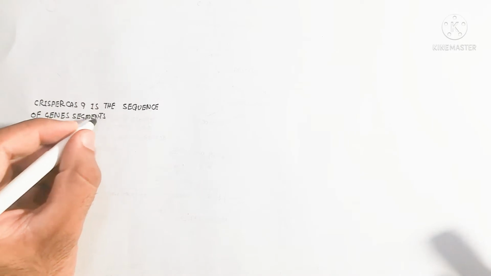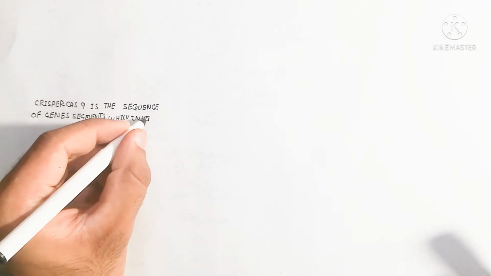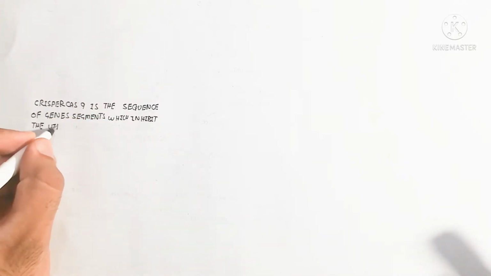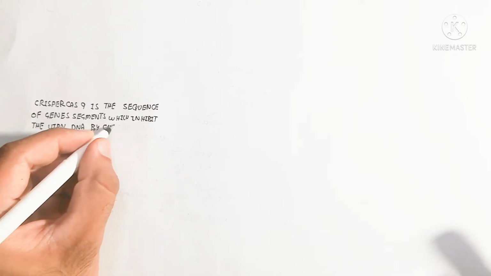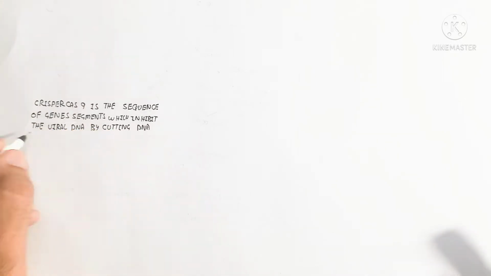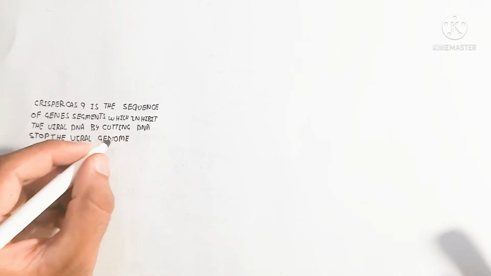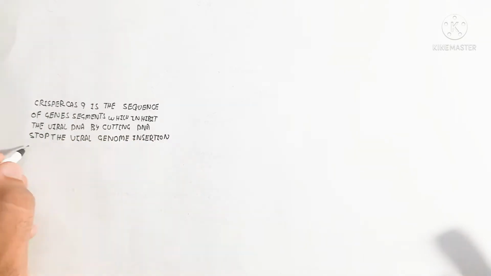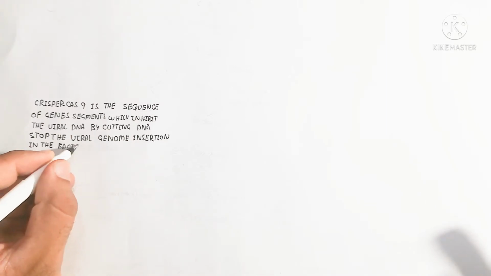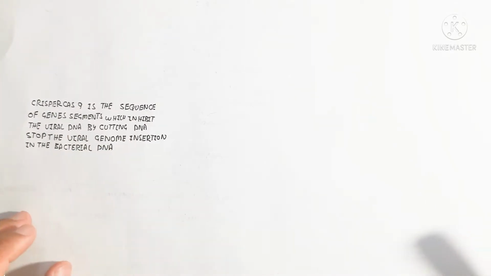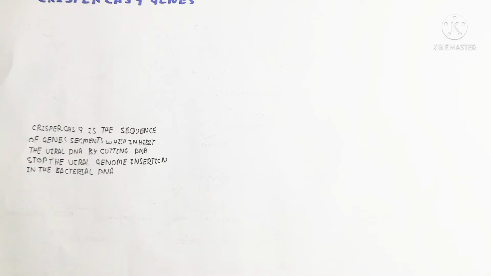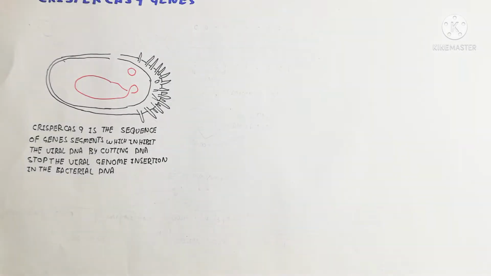Bacteria contain this type of gene, CRISPR-Cas9, which inhibits infection by viral DNA that attaches to the bacterial DNA. CRISPR-Cas9 is a sequence of gene segments which inhibits the viral DNA by cutting it and stops the viral genome insertion into the bacterial DNA.